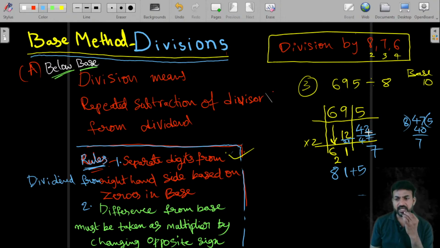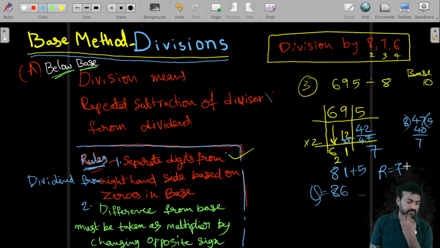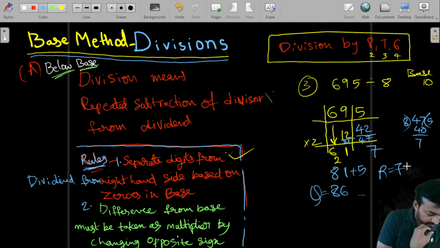So you have to add that 5 here, and the actual remainder is 7. The remainder is 47, but there are still divisors in this remainder. So you have to subtract those divisors and add here. So 86 is the quotient and the remainder is 7.